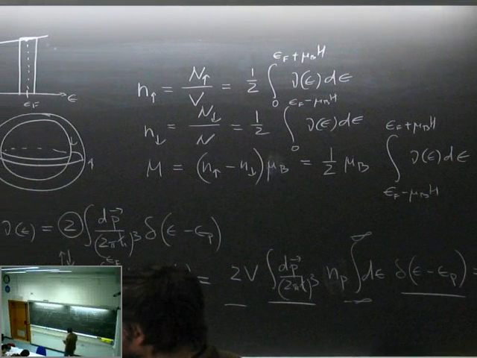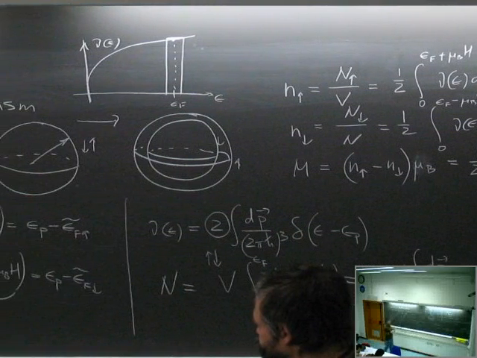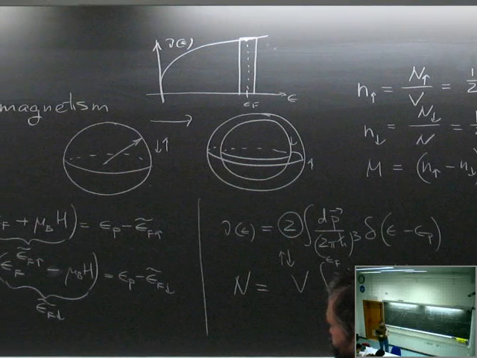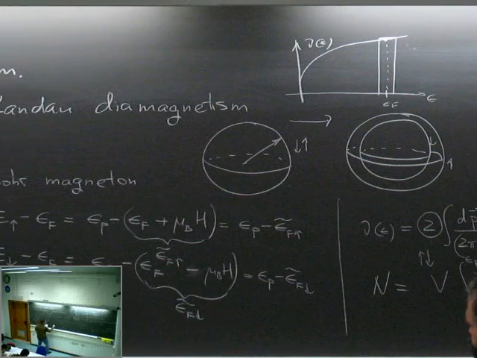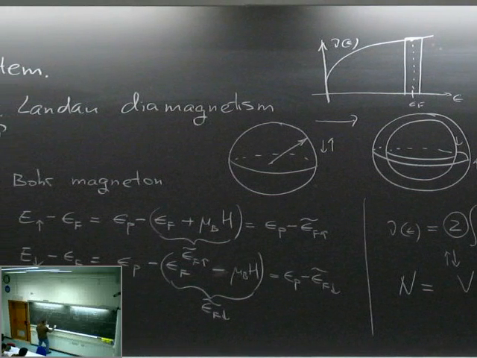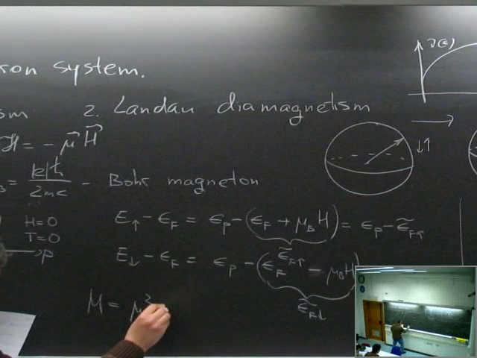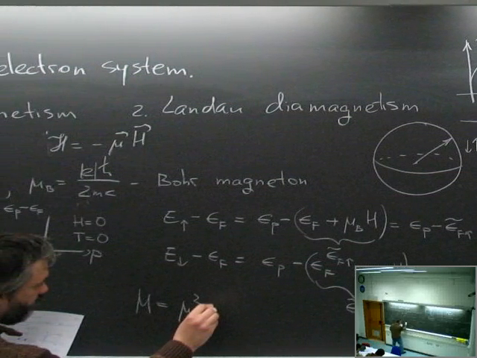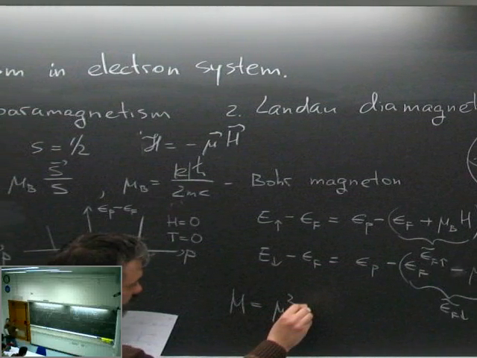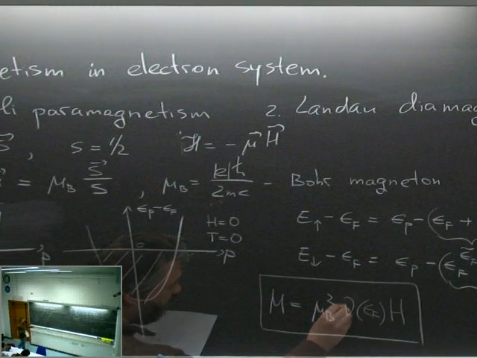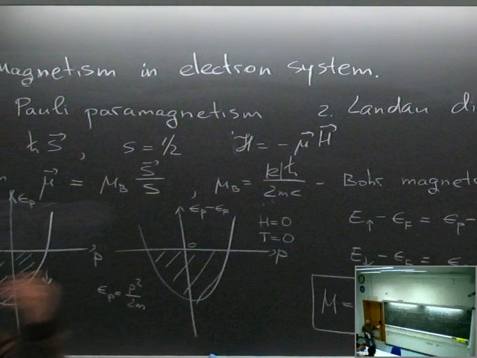So what I get here is magnetization, and this is magnetization in z direction, of course, because field is applied in z direction, equal to mu Bohr square times density of states at Fermi energy times h. You see, you apply field, and there is a magnetization proportional to the field applied to the system. Fine.